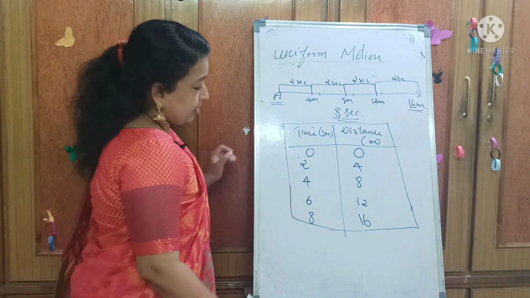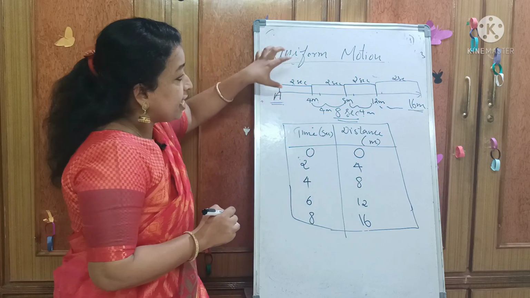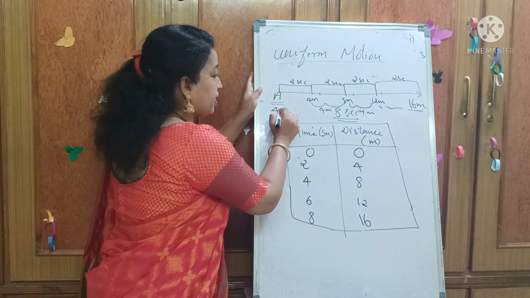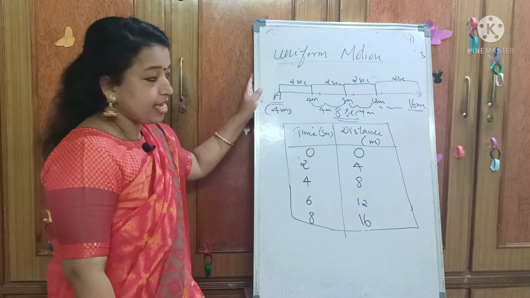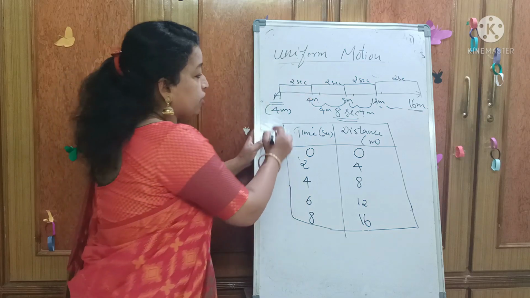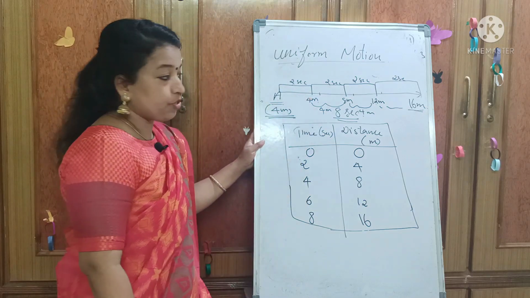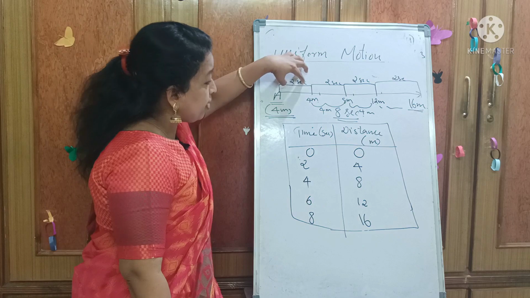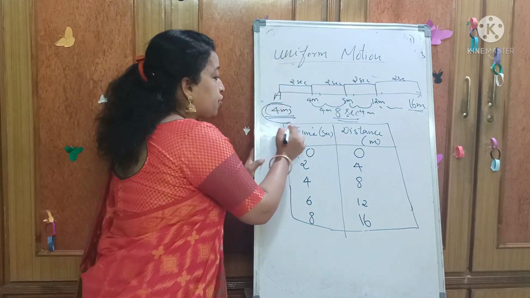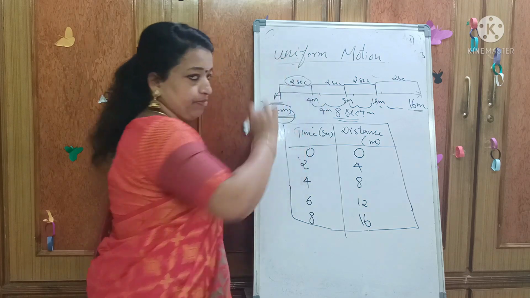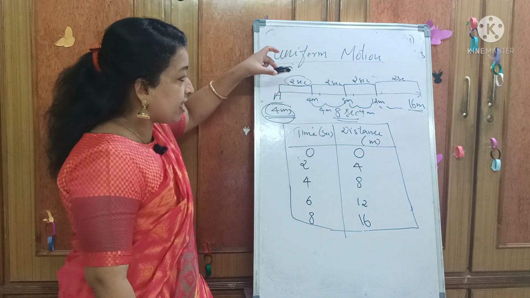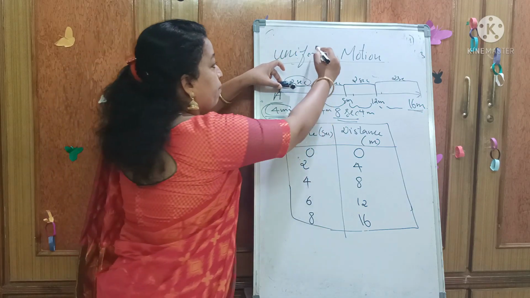So see there. We can say that in each 2 seconds, the car is covering a distance of 4 meter. Is it or not? So, equal interval of time, equal distance. The car is covering equal distance in equal interval of time. Then we can say that the motion of this car is uniform motion.